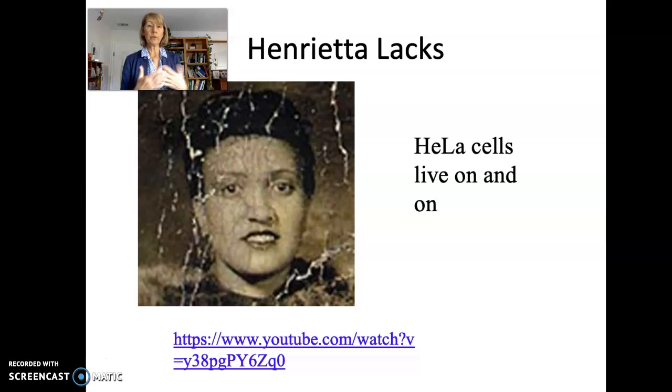So they've been a wonderful source of study for research. And then that one lab sent it to another lab that sent it to another lab, said, look, these cells, these are great. We're doing cancer research. Look how great. And they were sent all over the world, Henrietta Lacks's cells, and she's no longer living.